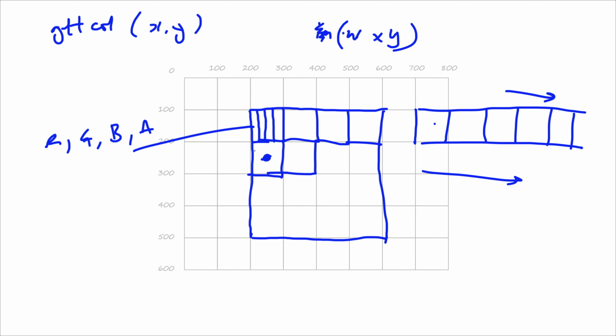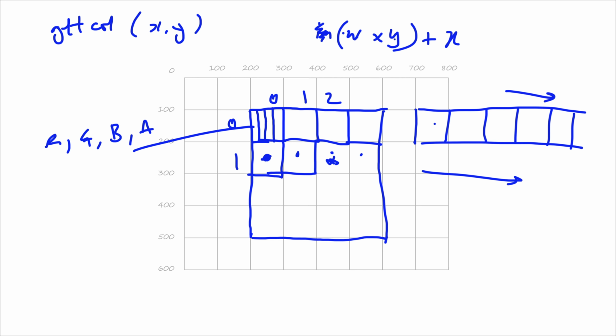But then we want to add to that starting point whether we want this one or this one or this one or this one. So we say W times Y plus X. Let's look at this one, for example, where X is 2 and Y is 1.